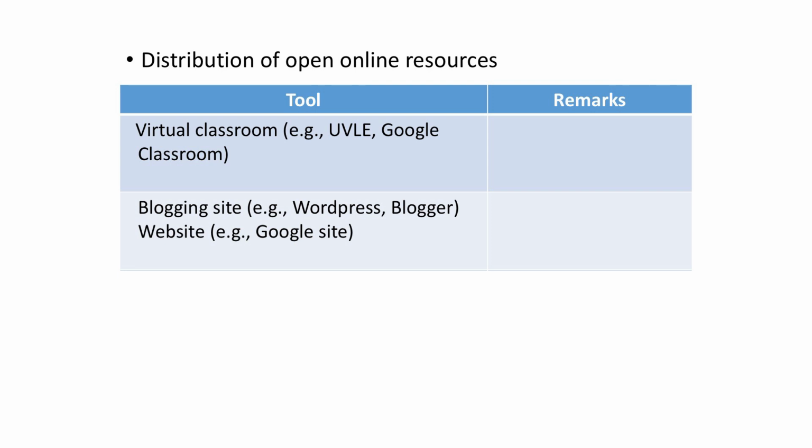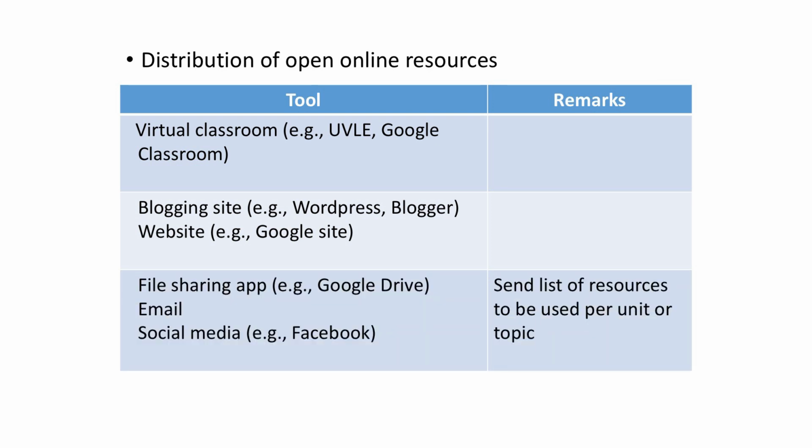This site can either be a website like Google Sites or a blogging site like WordPress. Otherwise, you can also send them through email, social media, or a file sharing app like Google Drive. In these cases, you need to also send them a list of learning resources per unit or topic so students can follow the flow of the course.